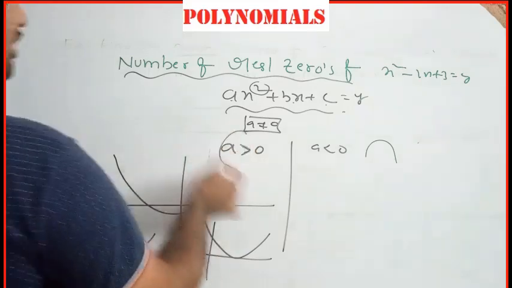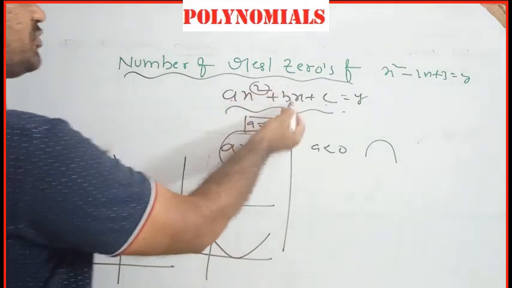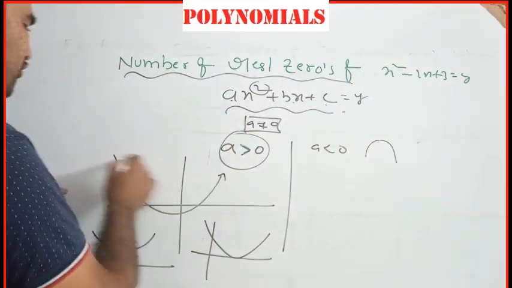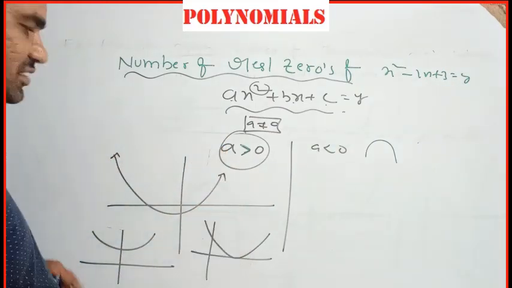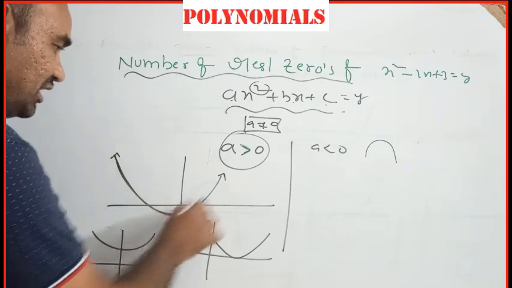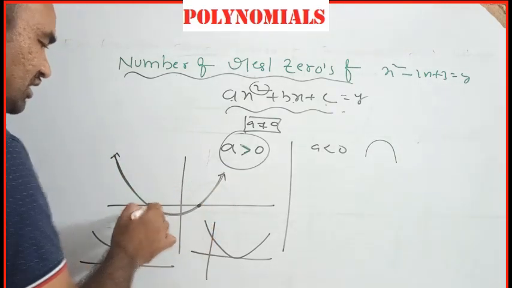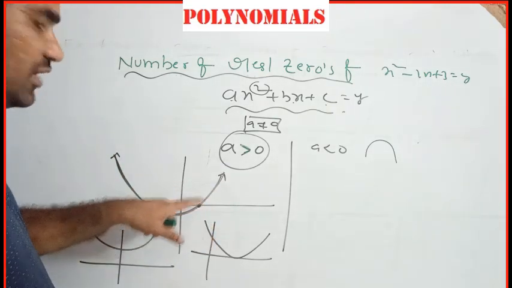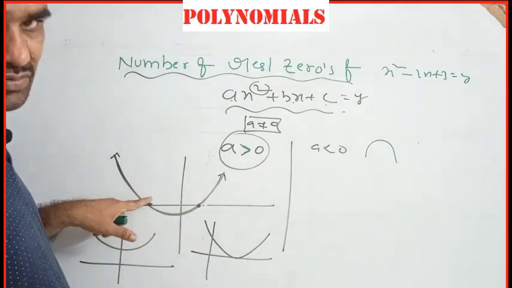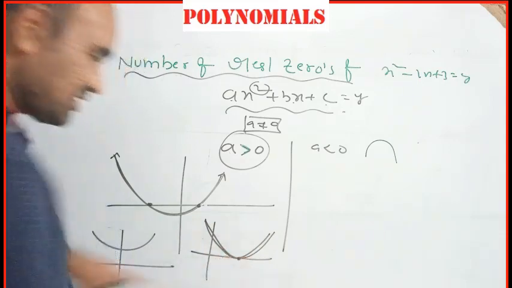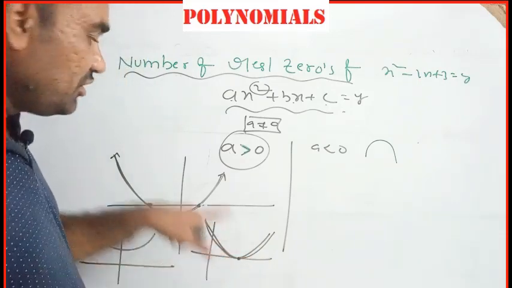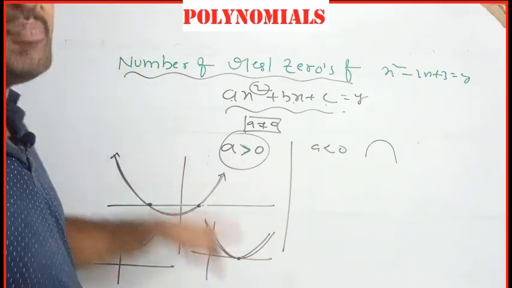In the a greater than 0 case, the graph of ax squared plus bx plus c equal to y will be one of these 3 cases. In this case, it intersects the x-axis at 2 distinct points. You can say that there are 2 real zeros. In this situation, it is touching the x-axis. You can say that it has 2 real zeros which are repeated.